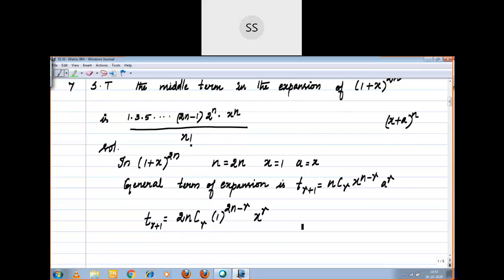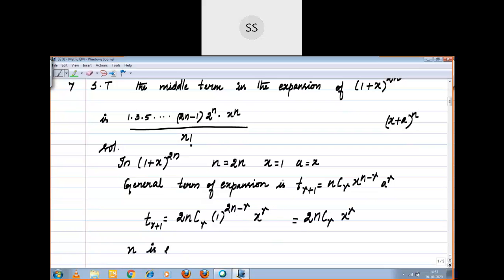Got it, children? Say yes or no. 1 raised to anything, what it becomes? 1 only. 2nCr x power r. 1 raised to whatever it is, the value becomes 1.